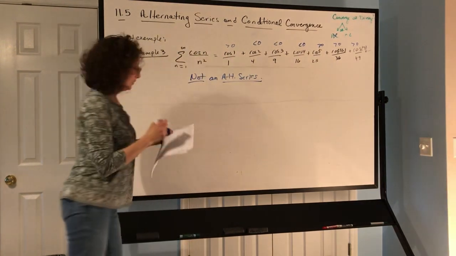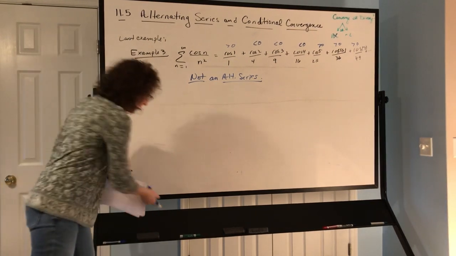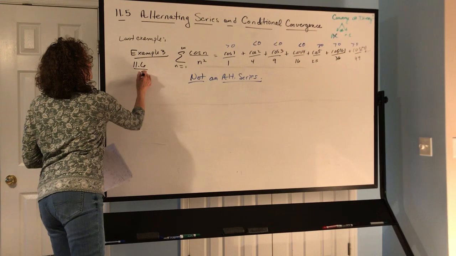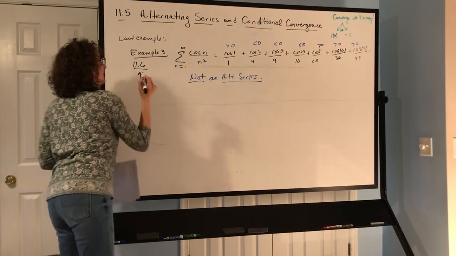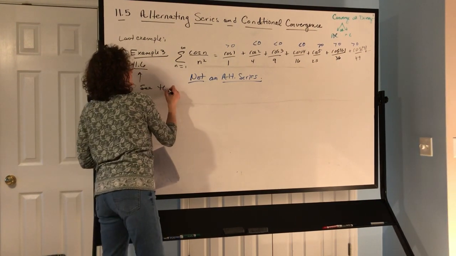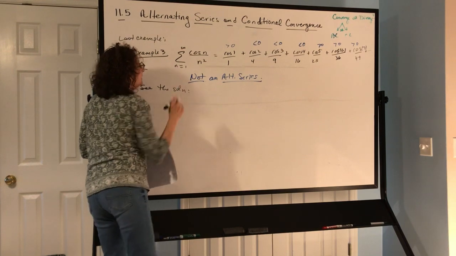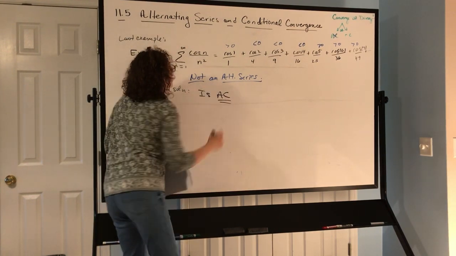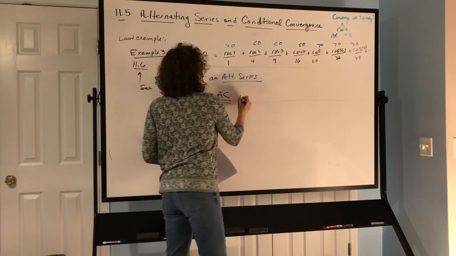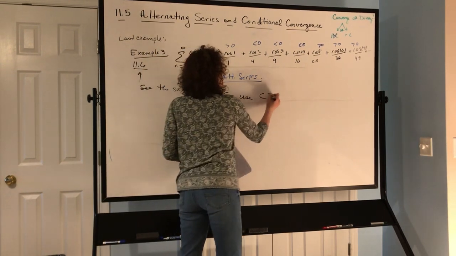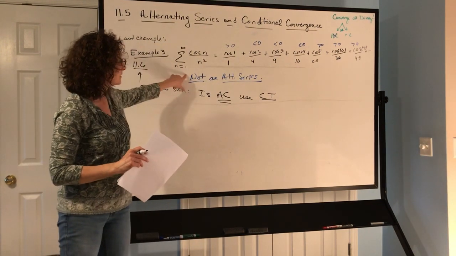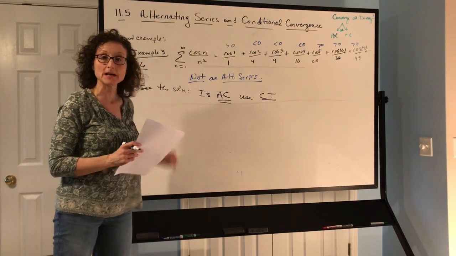This is example 3 in 11.6, so you should go there to see the solution. This guy is absolutely convergent. And what do we use? We use the comparison test to show that this guy is absolutely convergent if we look at its absolute values.